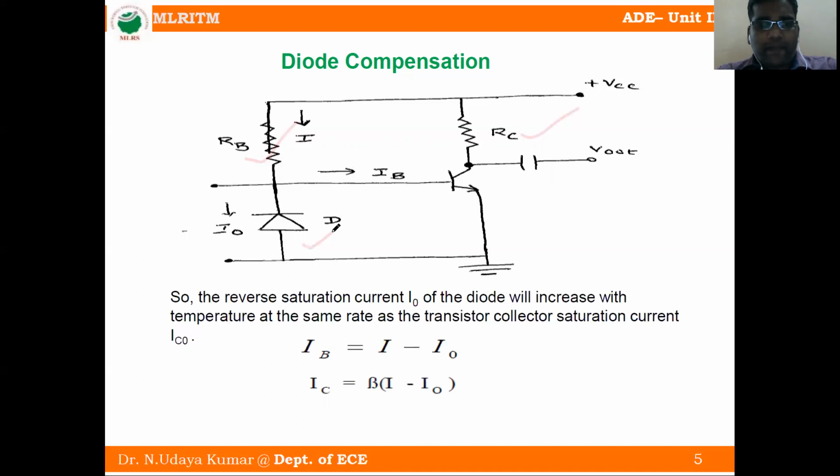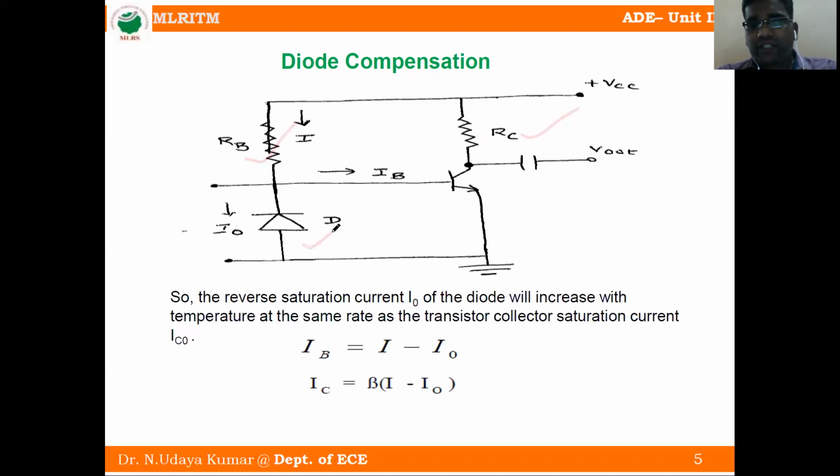When temperature increases, the reverse saturation current of the diode increases, and at the same rate the transistor collector saturation current IC naught also increases.